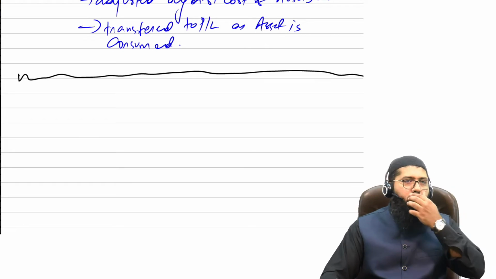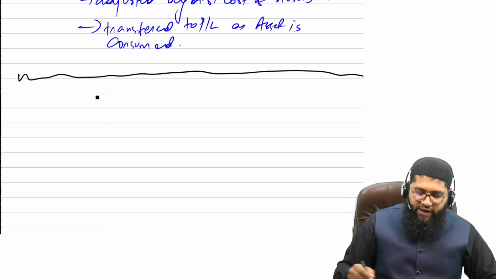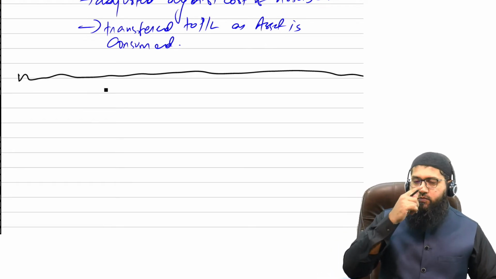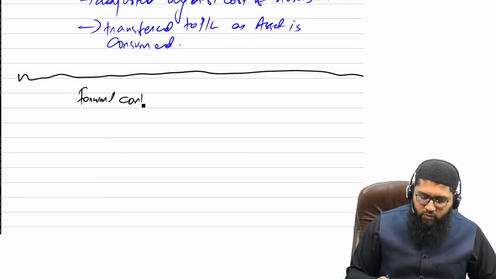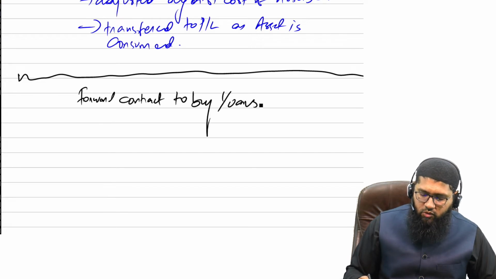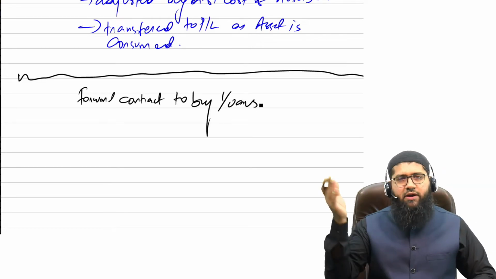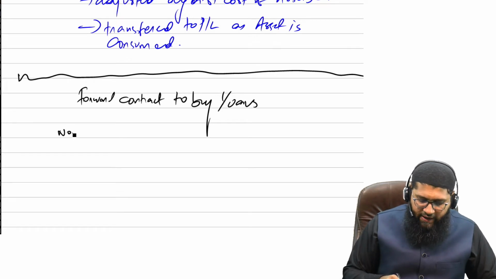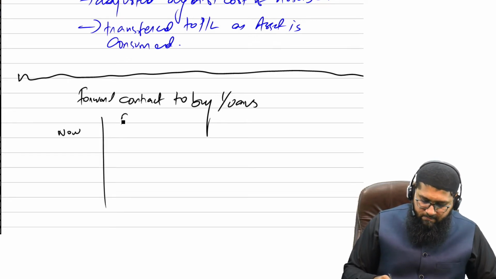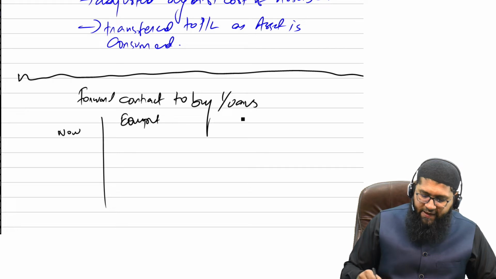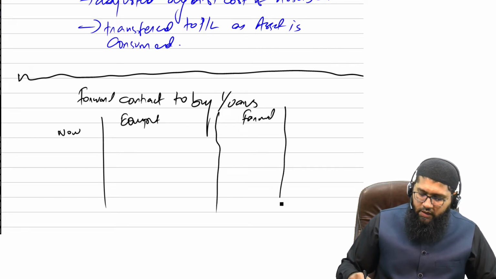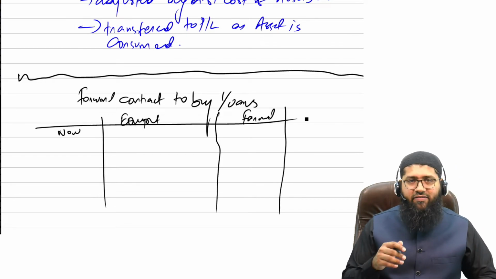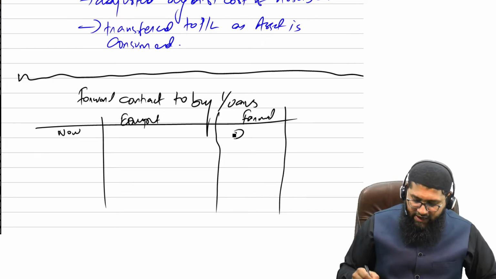Now, see, for example, let's say that you entered into a forward contract to buy yen whenever you're going to buy. Right now, the value of the equipment and the value of the forward contract are like this. Let's say the value of the forward contract is 0.